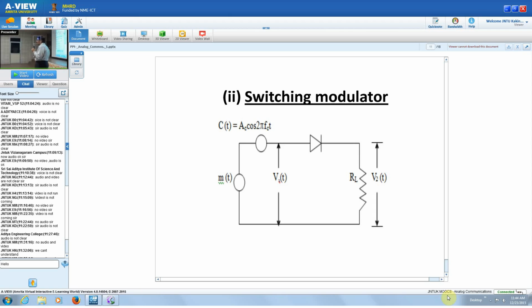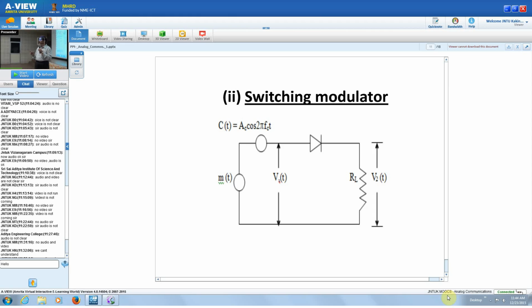once again to eliminate all the frequencies except your carrier and the 2 side band frequencies. So what should be the characteristics of your diode? Here we are assuming that the carrier signal C of t is very large compared to your baseband signal amplitude M of t.